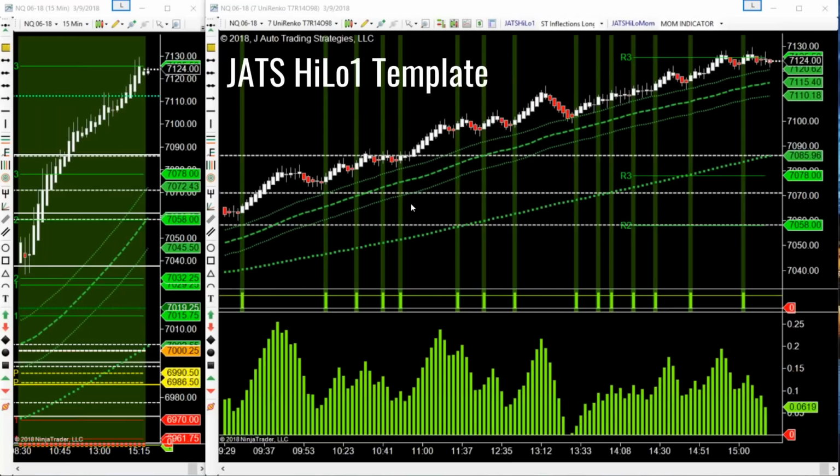This is the HiLo2 template. This is one of my other first templates that's usually used for trend trading. This is not a good template to trade if it's ranging. You want to wait until you get higher highs and higher lows, and then put your bar on a large enough size that you can capture the reversals when it comes back to those averages. And you see how nicely this one never even got back into the mid band.